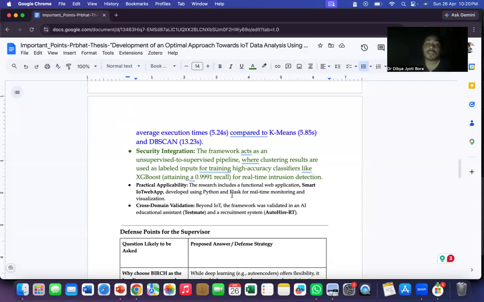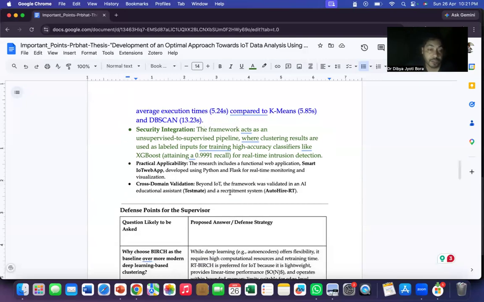So we use the clustering results as label input that we push towards the classification tasks with XGBoost, and that is showing almost 0.999 recall, which is fit for real-time intrusion detection.